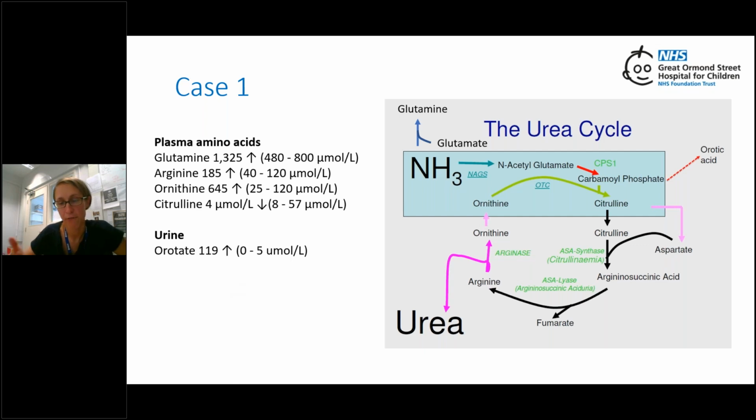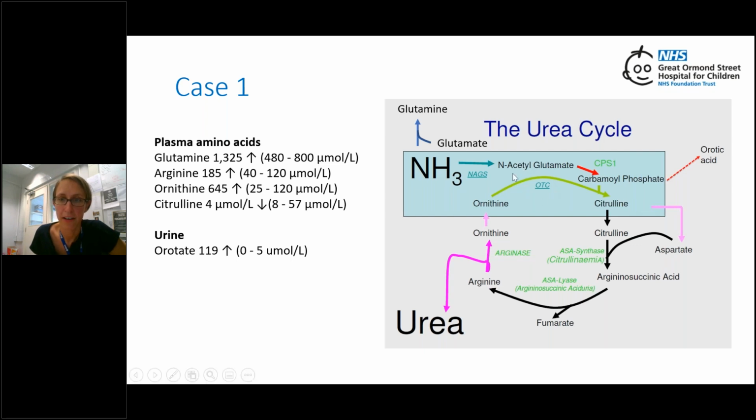I can't give you a metabolic talk without showing you some biochemistry. So we just want to remember the urea cycle. In the mitochondria, the toxic ammonia is metabolized to carbamoyl phosphate, which is then further metabolized to citrulline.